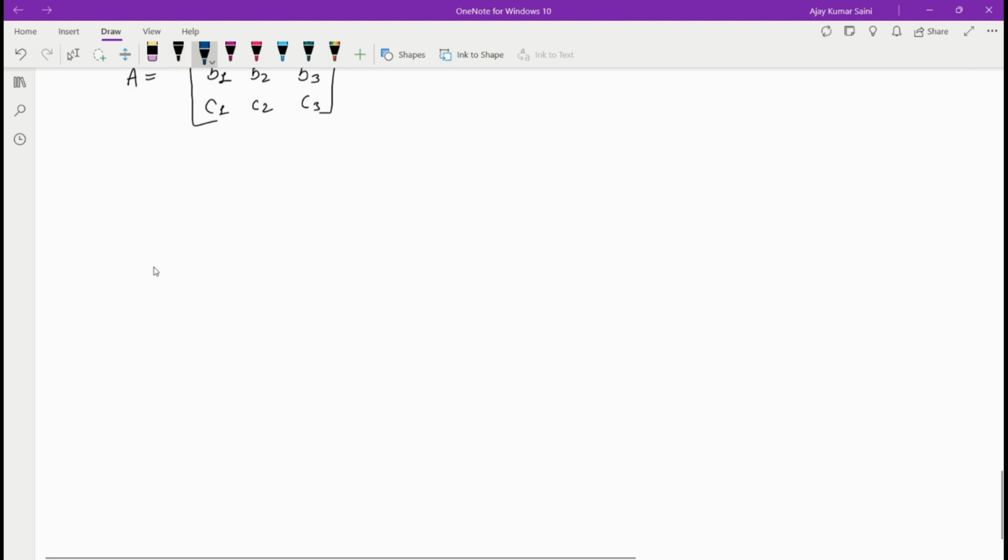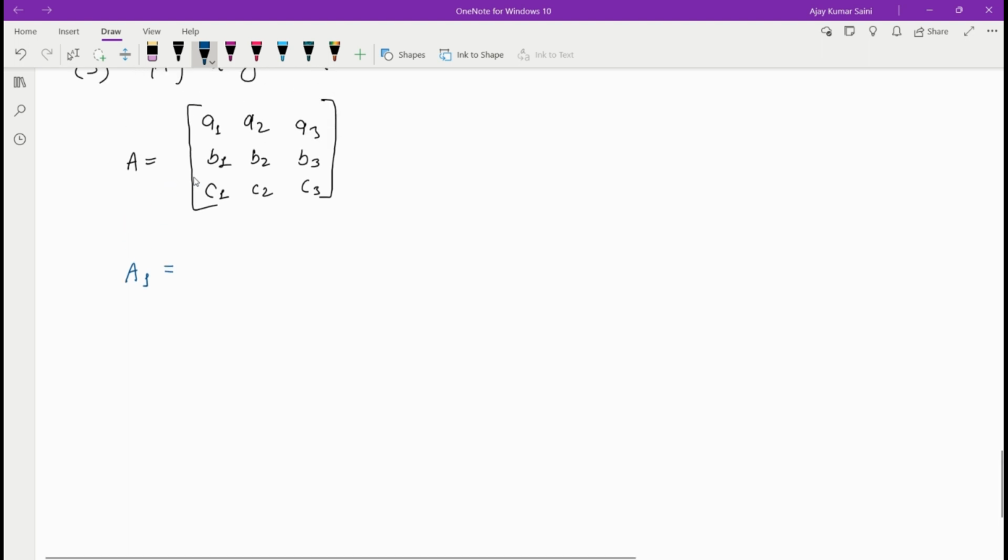Now do it. Okay. It is very simple. See here. Now I can find the cofactor of a1. For finding it, do the same thing: remove this row and column.